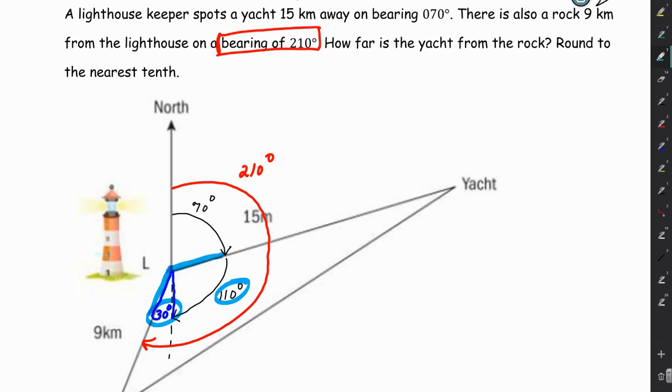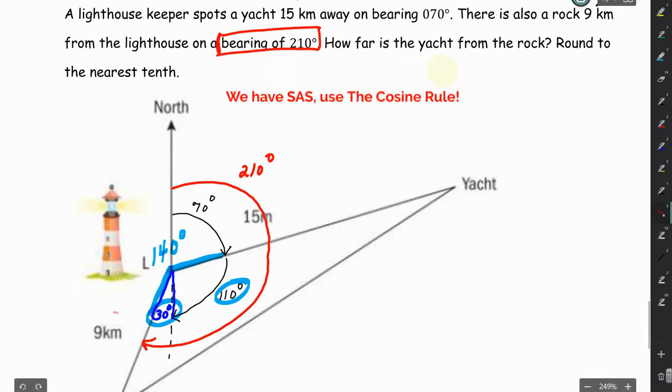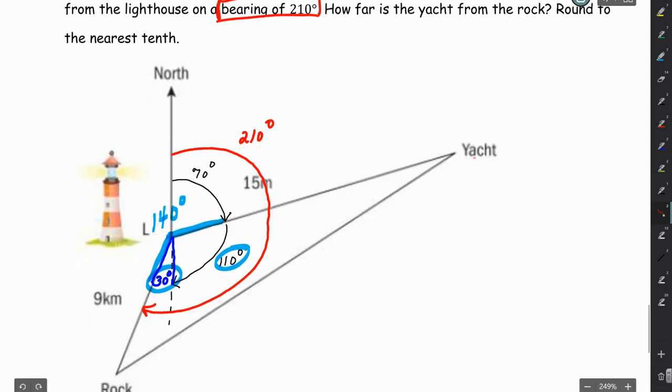So that angle there is going to be 140 degrees. Okay, so now we have side, angle, side, and we can use the cosine rule to find how far the yacht is from the rock. And I'm going to call that value x.